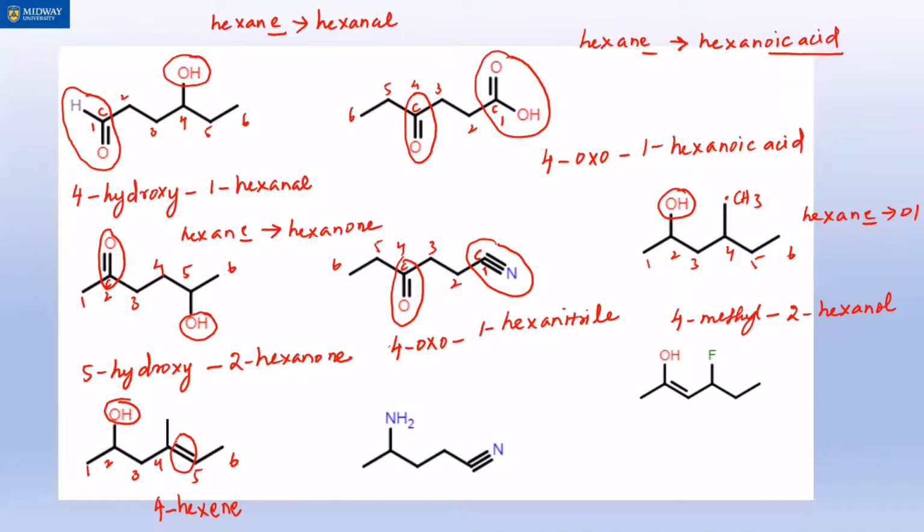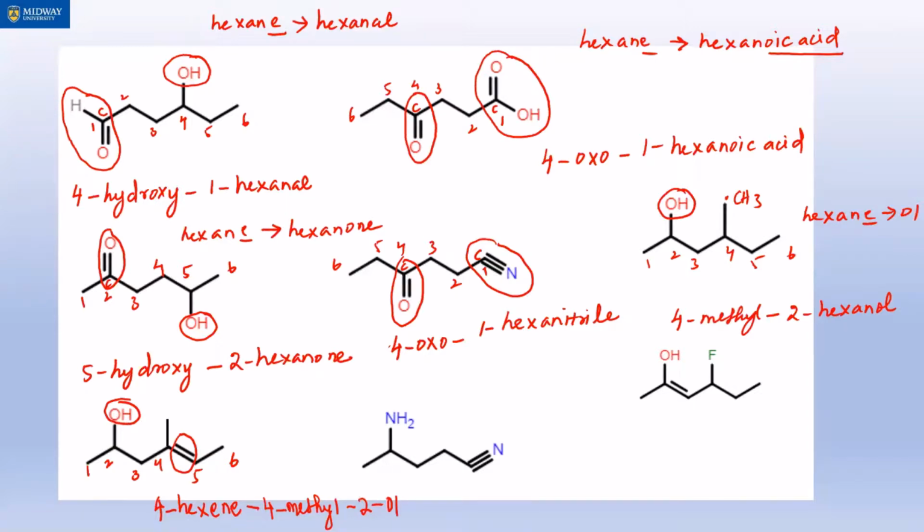And then 4-methyl is also there, 4-hexene, 4-methyl, right? And then the alcohol group is in the second position. So we don't say hexanyl, but we say 2-ol. That's it. Okay, this is the way it's usually done.